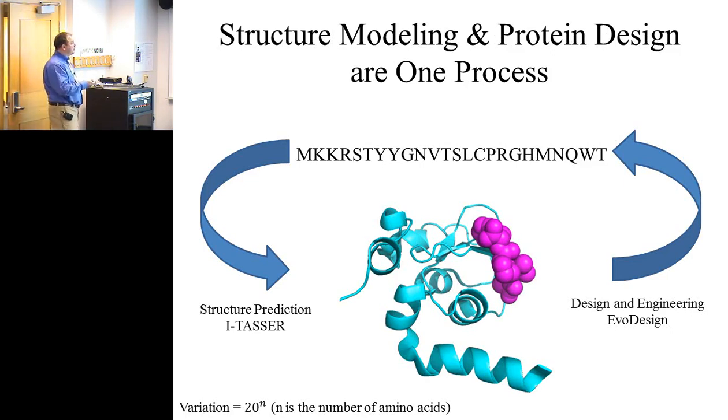So we can take a primary sequence, such as the one shown above, and predict its structure by using the iterative threading assembly refinement algorithm, I-TASSER, from Yang's lab. Or we can turn around and take a structure scaffold or a desired function and design a sequence. And really these two processes are governed by the same underlying principles. Again, the real problem is that sequence space is so large, it varies as 20^n, where n is the number of amino acids in the polypeptide chain. So very quickly the problem gets out of hand computationally.